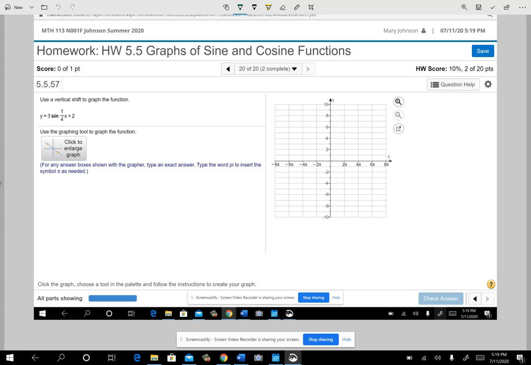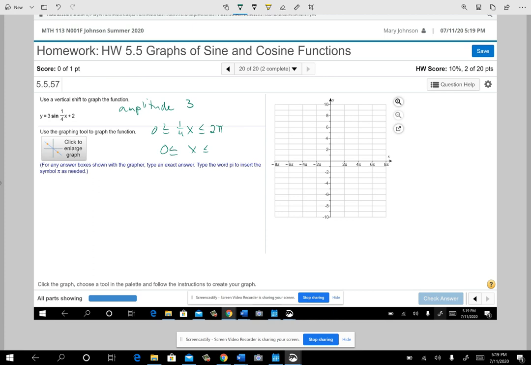All right, so the amplitude is 3. Okay, and then the 1/4 x is what I would set up my inequality to solve. So I'd multiply through by 4 to get rid of that 1/4.